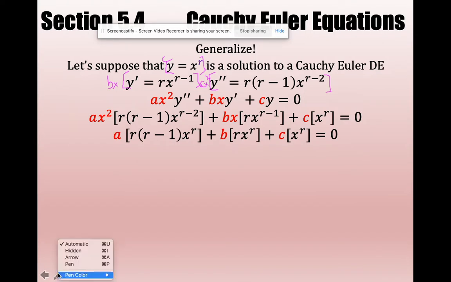See what I did there? X squared got matched with x to the r minus 2 and became x to the r. X to the first got multiplied with x to the r minus 1 and became x to the r. And then I have an x to the r here.